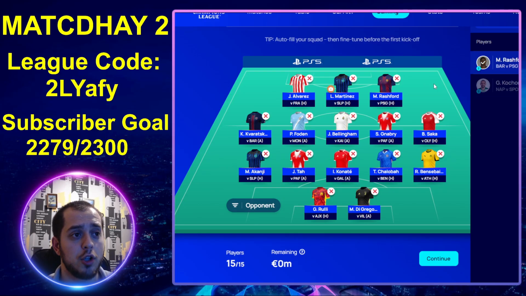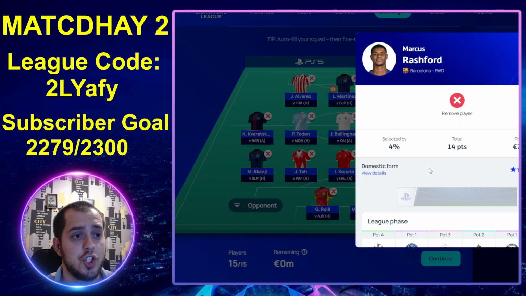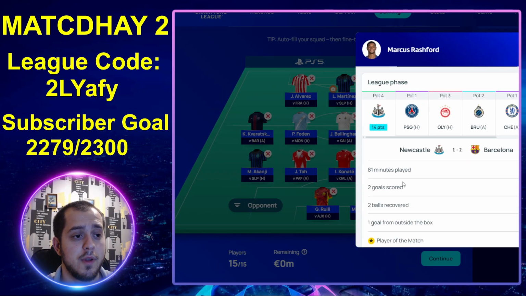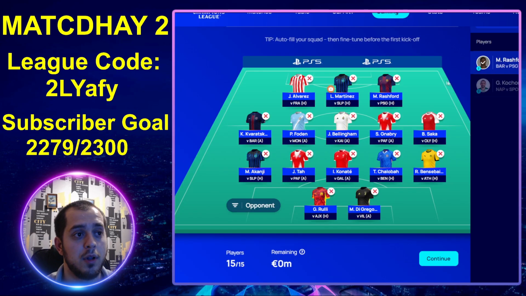And the last one is going to be Rashford, the match against PSG, and I think there are going to be both teams to score. Marcus Rashford is in good shape. His ownership is 4%, and he took the Man of the Match award, deservedly, scoring a double against Newcastle, 2 brilliant goals in that match.